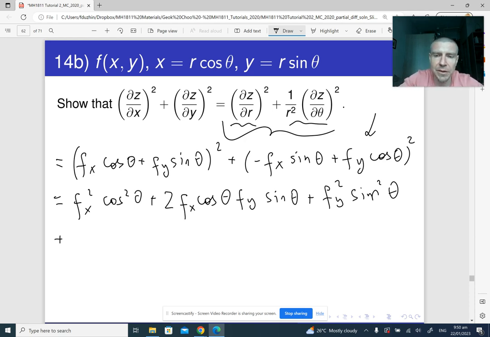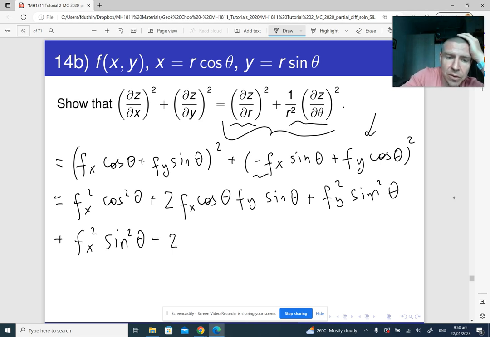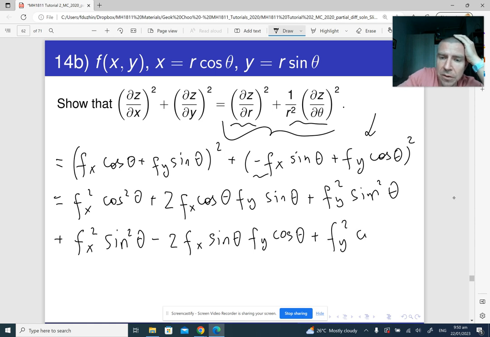I've got to expand basically. So minus fx sine theta squared, so it's fx squared sine squared theta. Then twice the product of the two, and because of the minus sign, we get minus 2fx sine theta fy cosine theta, plus fy squared cosine squared theta.